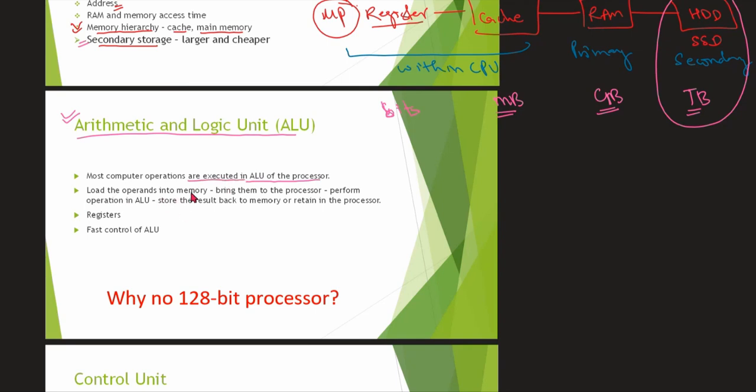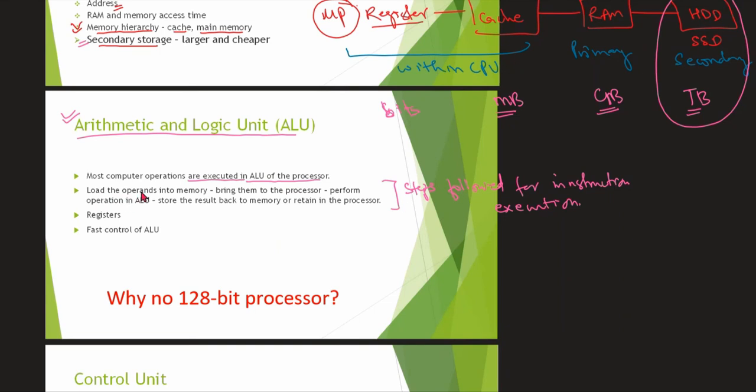Load the operand from memory, bring it to the processor, perform the operation in the ALU, and store the result back to memory or retain it in the processor. These are the steps followed for instruction execution. If you are executing any instruction, you need to perform these steps.